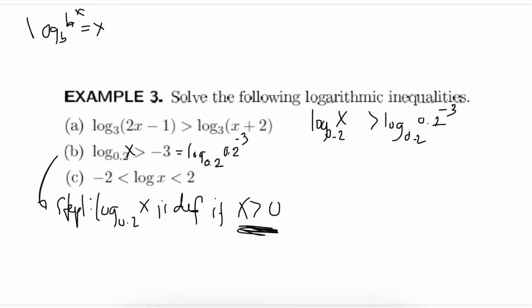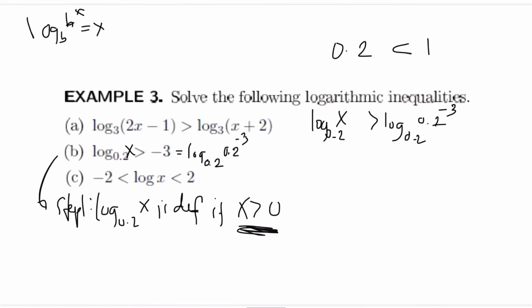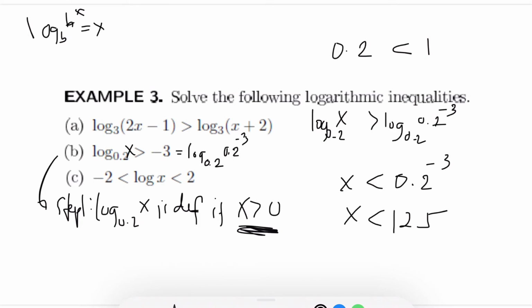Since 0.2 is less than 1, we will use this first condition so that the direction of the inequality will change. So x is less than 0.2 raised to negative 3. So what is 0.2 raised to negative 3? 125. So x must be less than 125.